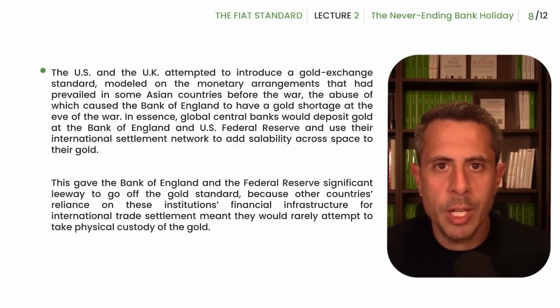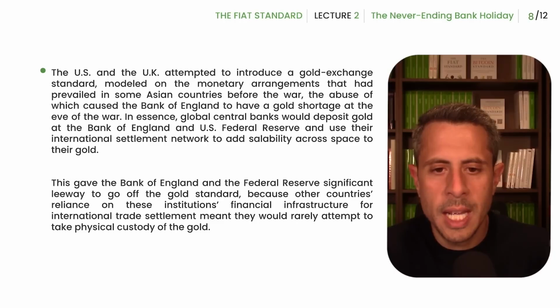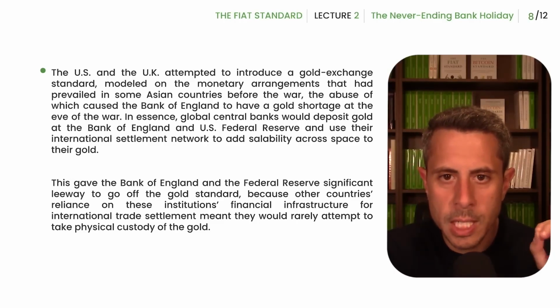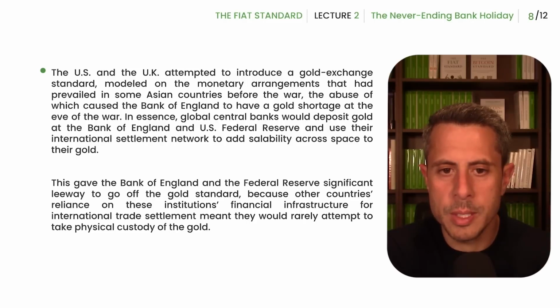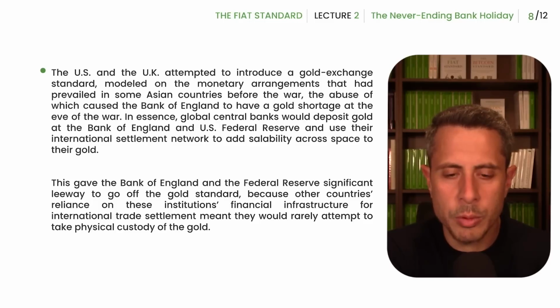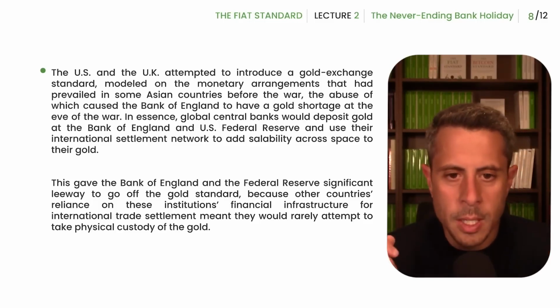In other words, the Bank of England added salability across space to the gold. And this concept of salability across space is a key concept in this book. It's really the fundamental premise, the fundamental analytical tool that we use to analyze fiat money in this book. And we're going to come back to it repeatedly across the chapters of this book.